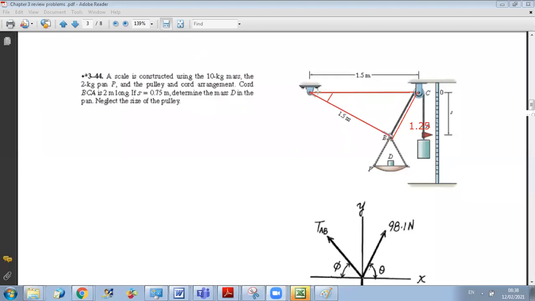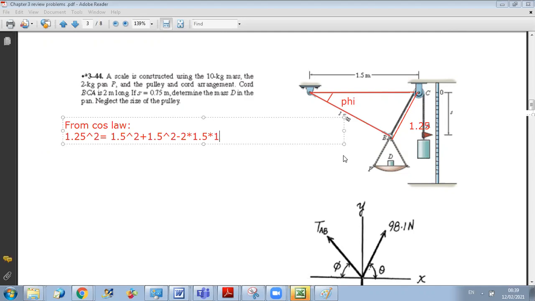The cosine law will give us what? From cosine law, I can write that 1.25 squared is equal to 1.5 squared plus 1.5 squared minus 2 times 1.5 times 1.5 times cosine phi.